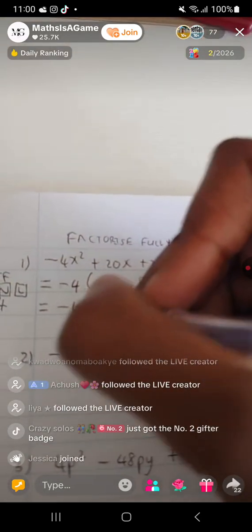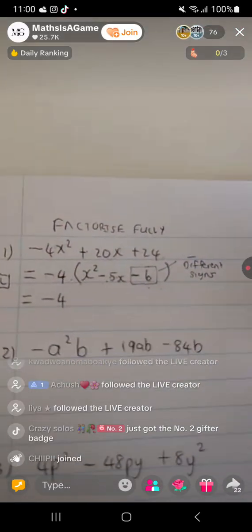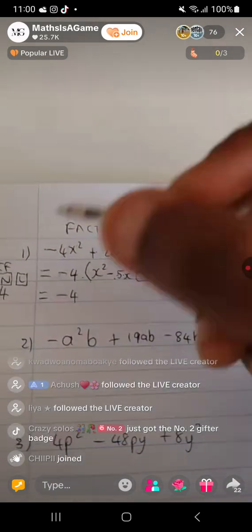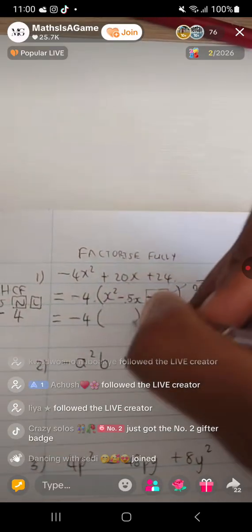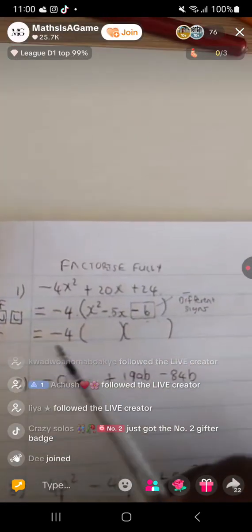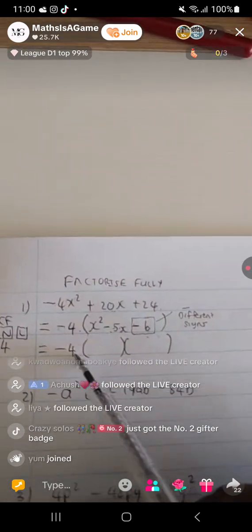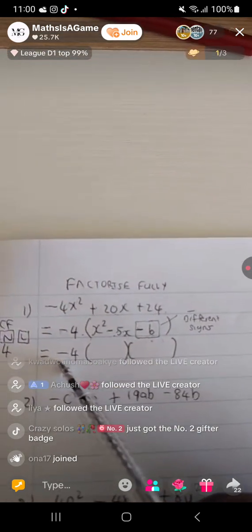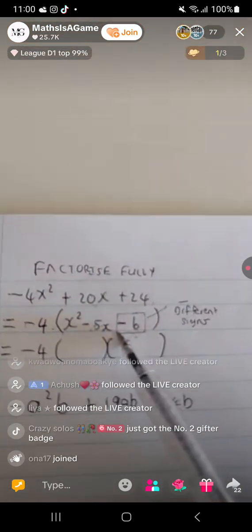So I bring down the negative 4. Don't leave the negative 4 behind. It was the highest common factor taken out. You open 2 brackets. The minute you leave this negative 4 behind, your answer is wrong. Don't leave what is taken out behind.